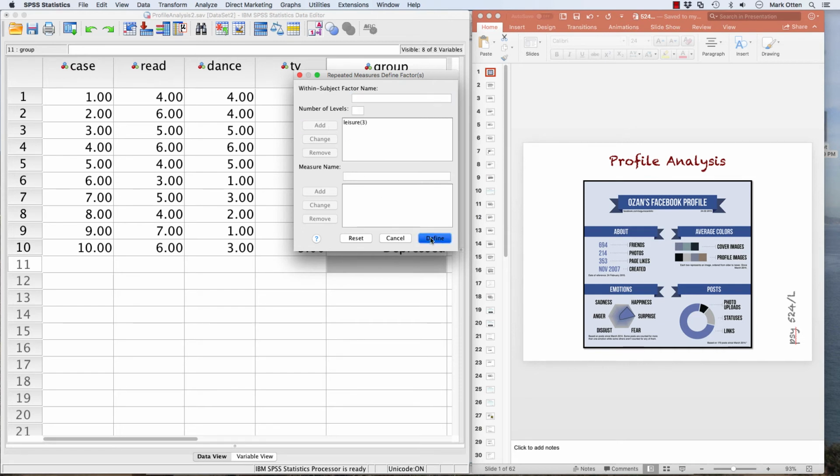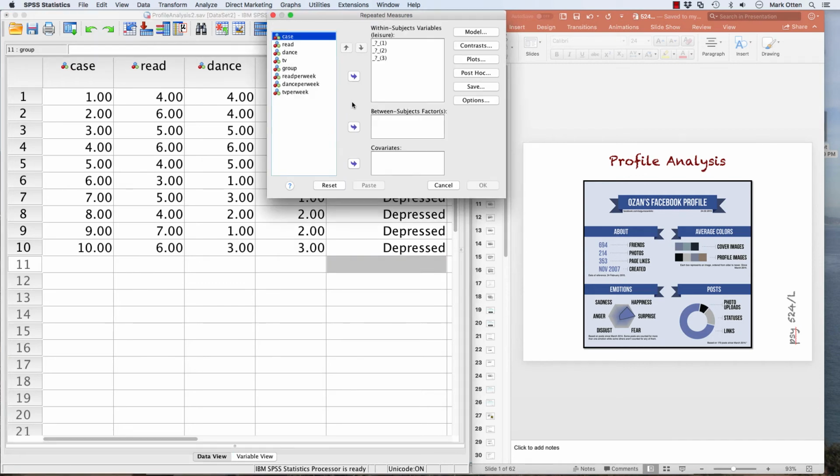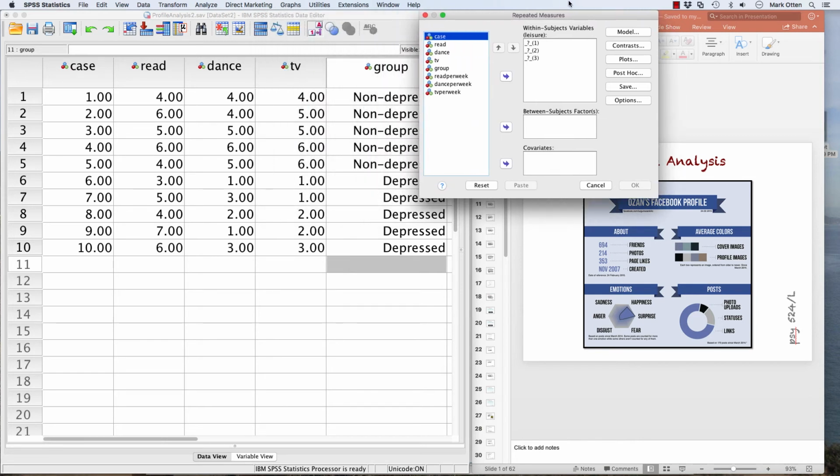Click add, click define, and we're treating this as a within subjects or repeated measures IV, which it isn't. So we're kind of just talking SPSS into getting us what we need, even though it's not technically running a profile analysis. It's still going to run the statistics that compose a profile analysis, and so we'll get what we need.